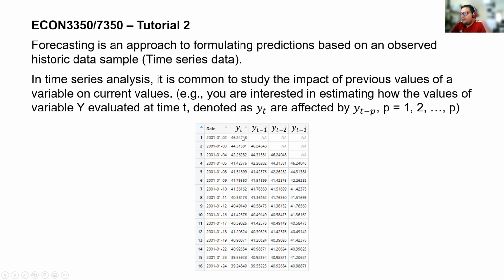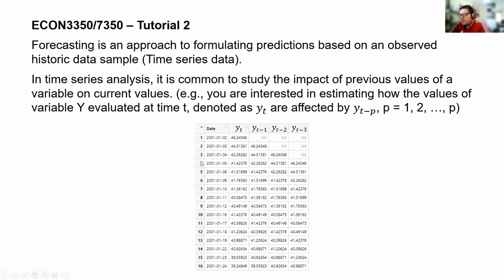If you notice, what we do here is lining the data up with the previous period. For example, one period in the past: for period 2, the observation one period in the past is the observation in period 1.